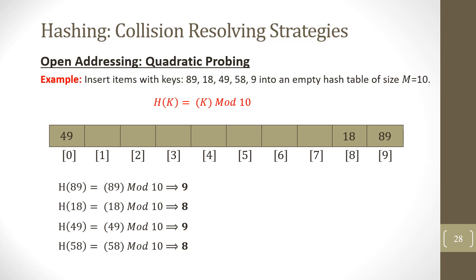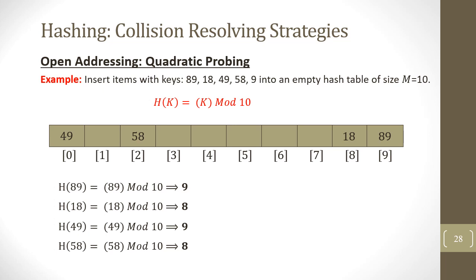So after this, we will probe the 2 square location, which is 4. So we will see the fourth location from this point, which is 1, 2, 3, 4. This slot over here is empty, so we will place 58 in this slot.